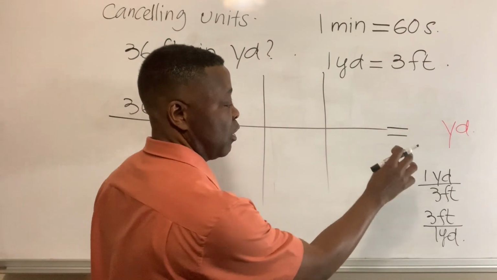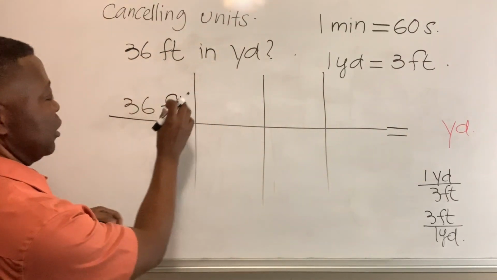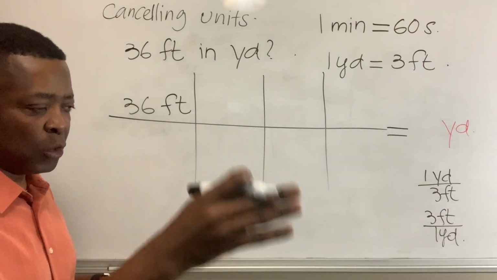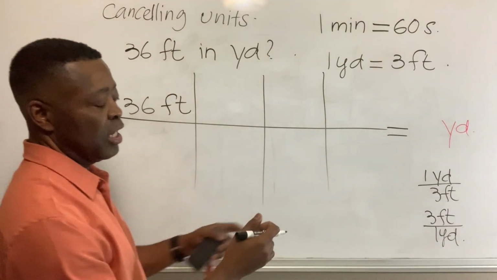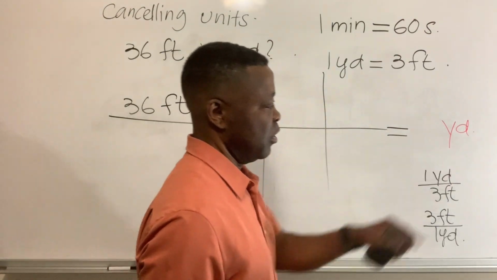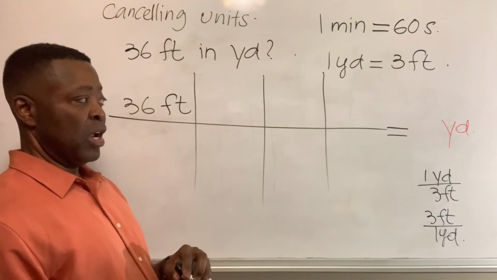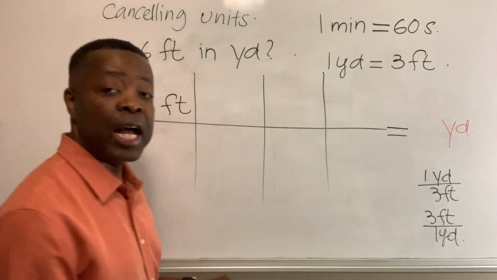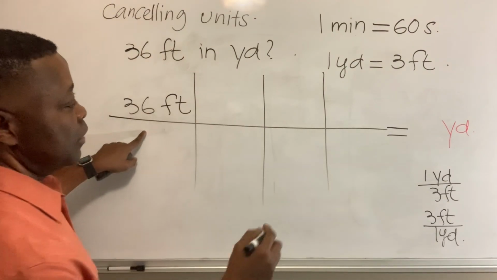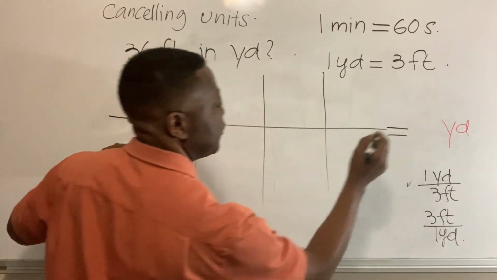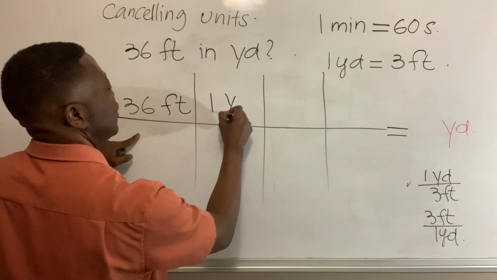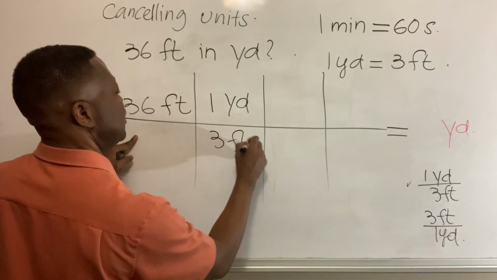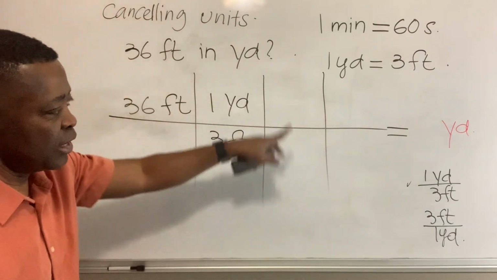I'm going to pick one of them, multiply by the 36 feet, and then cancel whatever shows on top and at the bottom. But remember, I need my answer in yards. So which one do I pick this time? I pick the one where the yard is on top, right? So I pick this one, 1 yard over 3 feet. Do I need another step?